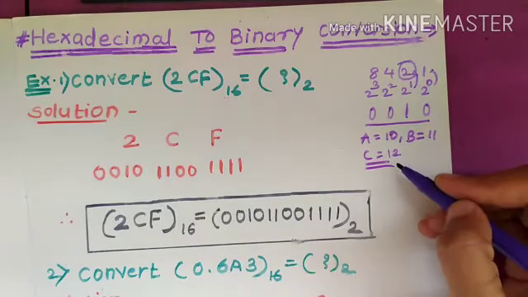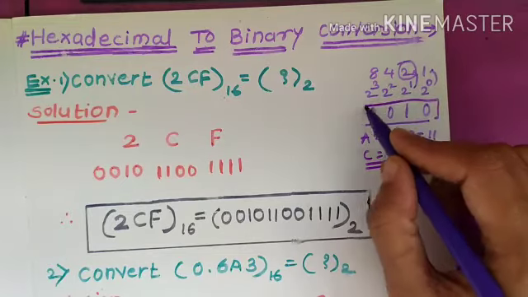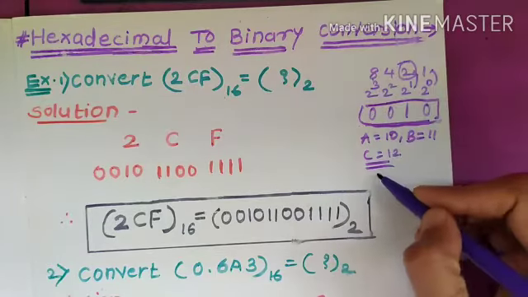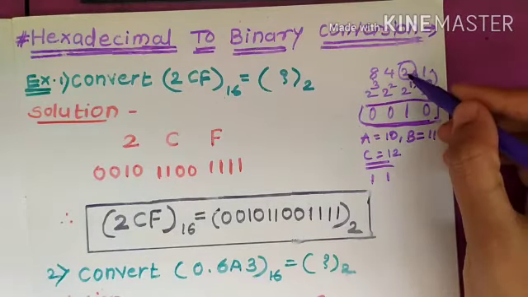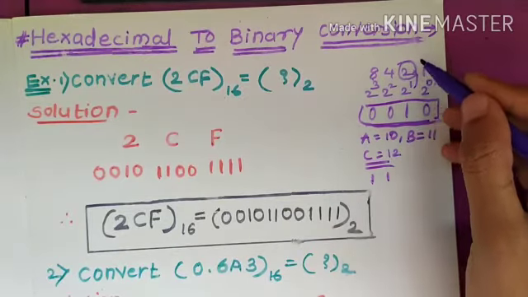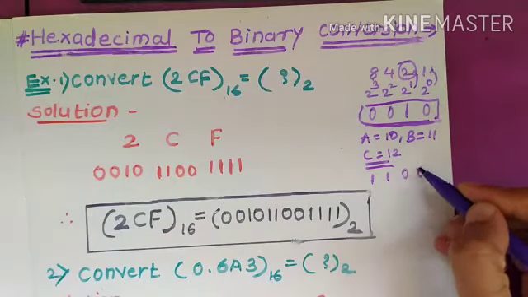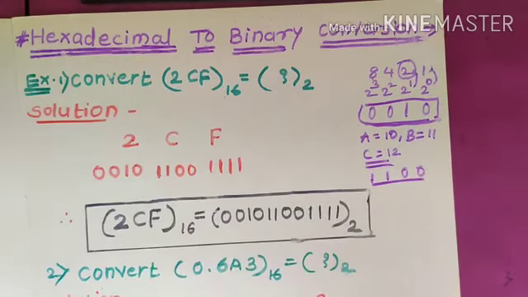How will you represent 12 in binary? 8 plus 4 is 12, and there is no need to write 1 below the 2 and 1, so write only 0. So we'll get 1100 for C.